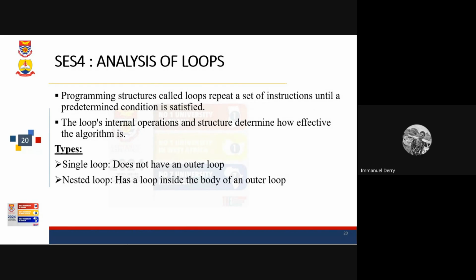So we have the loops, which is a programming structure which repeats a set of instructions until a condition is satisfied. And then when the condition is satisfied, the loop terminates and returns a result or whatever it is that you have written in the function.